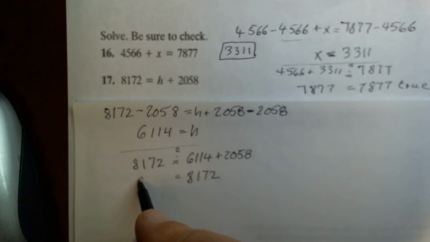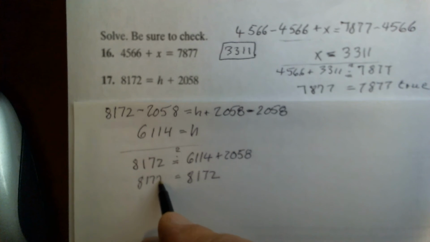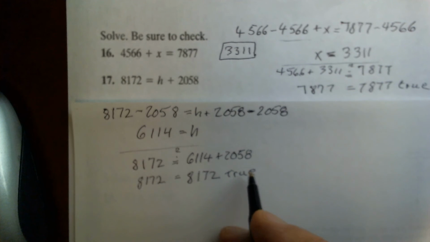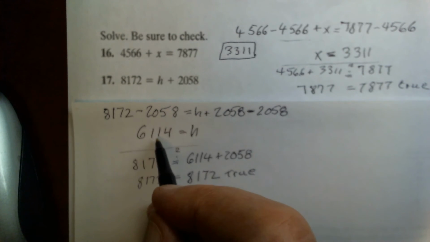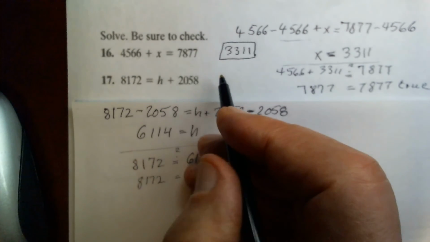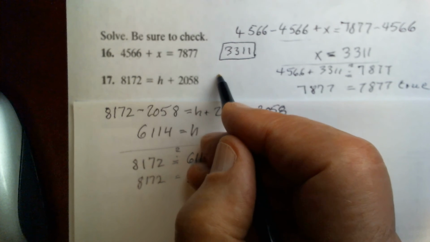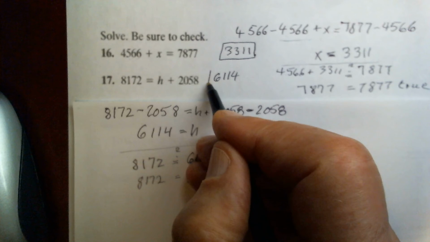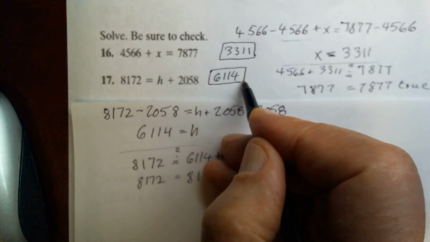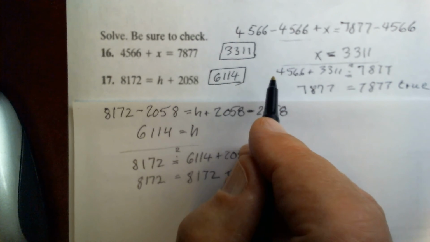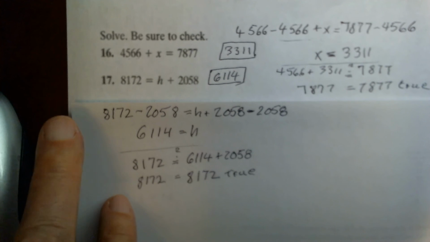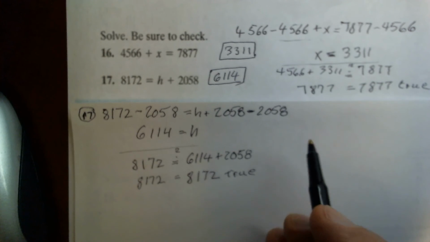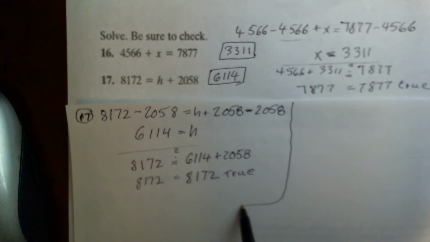So in other words, the two sides are the same. So that's a true statement. So the solution of this equation is h equals 6,114. So these are the calculations for number 17.